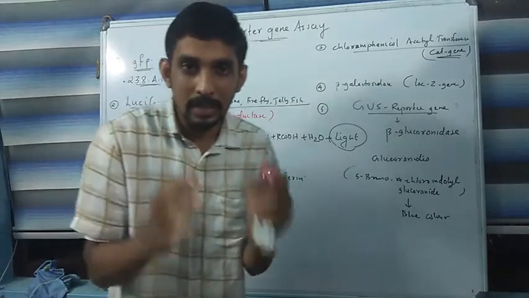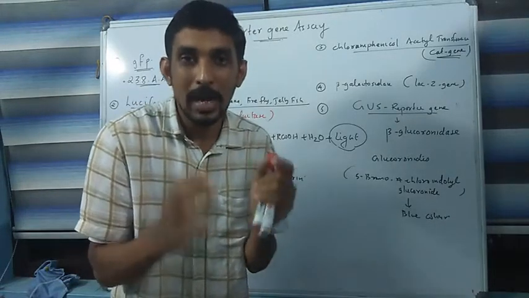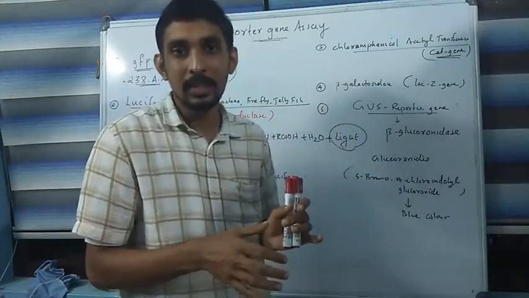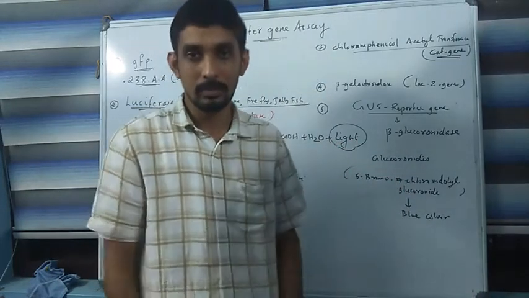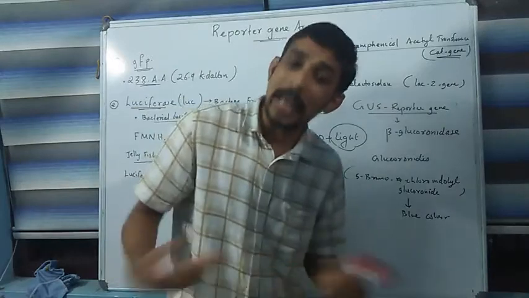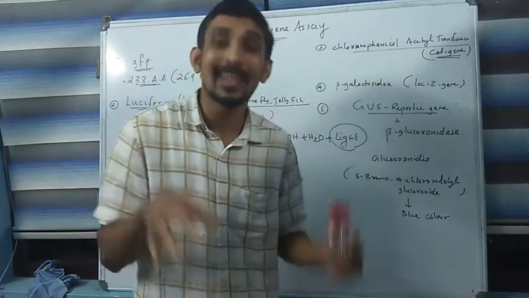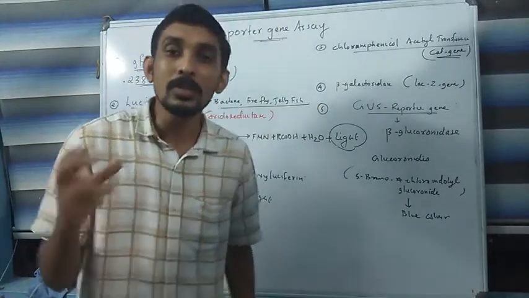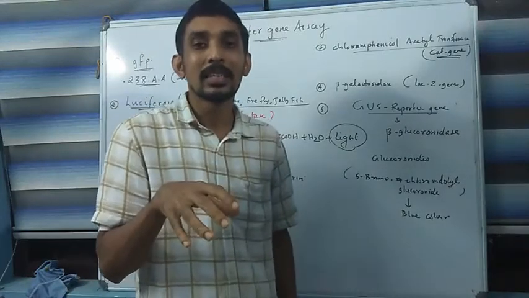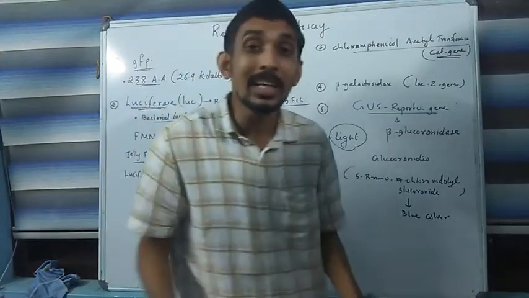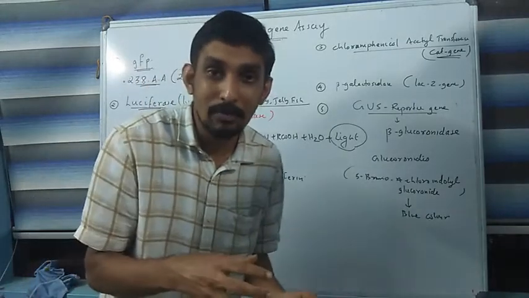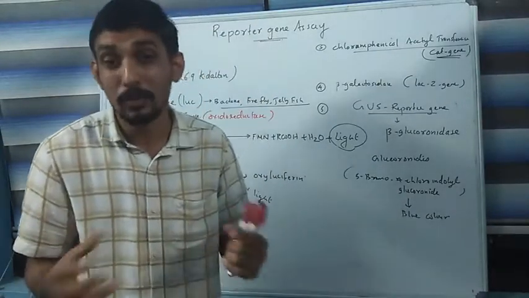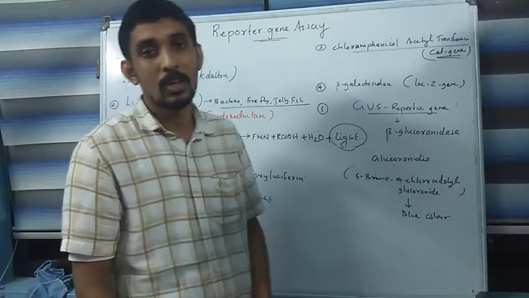So if the recombinant bacteria carry this reporter gene along with the foreign gene, they show blue color. If the reporter gene is absent, then the bacteria give only a colorless, that is white, colony. The presence of blue color says that the bacteria contain the foreign DNA or foreign gene with this reporter gene.